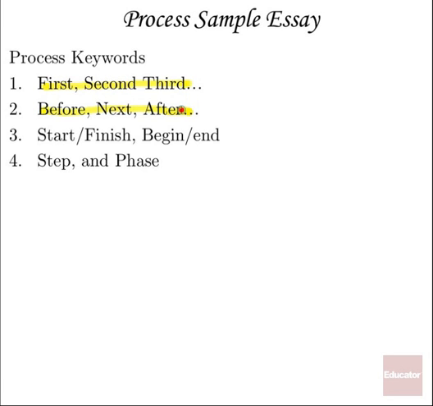Any word that implies a sequence or a set of events, start, finish, begin, end, you'll find those too. But the most important and distinctive process keywords are these ones, step and phase. If you see step and phase repeated over and over in an essay, you know that it's a process transition. And if you want to write a process, use step and phase, and that'll help the reader understand that you're using process.